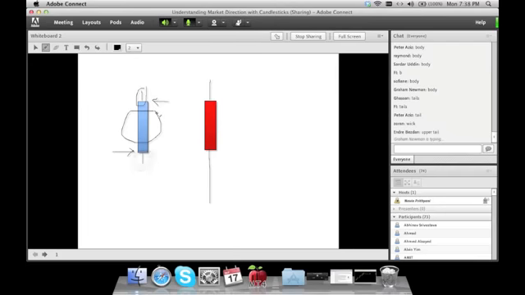What these wicks basically mean is simply this: that is the highest point the market has gone to, and this one represents the lowest the market has gone to.